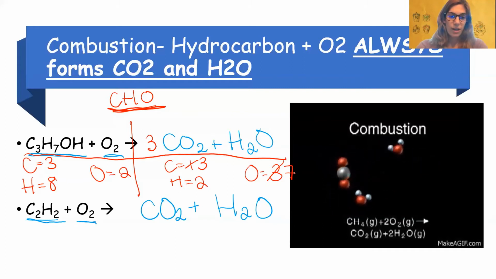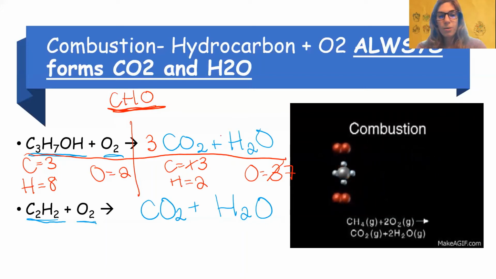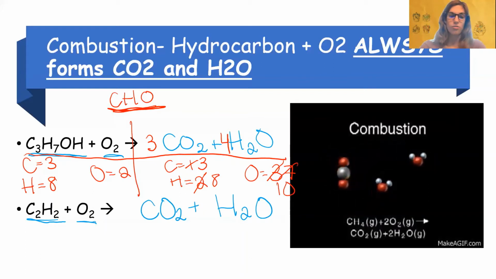Well, now my carbon's balanced, so let's take a look at hydrogen. I have 8 hydrogen on the left and only 2 on the right. So I'm going to put a 4 coefficient here. When I do that, that changes it to 8. It also changes this to 4 plus 6, so this changes it to 10 oxygens on the right.